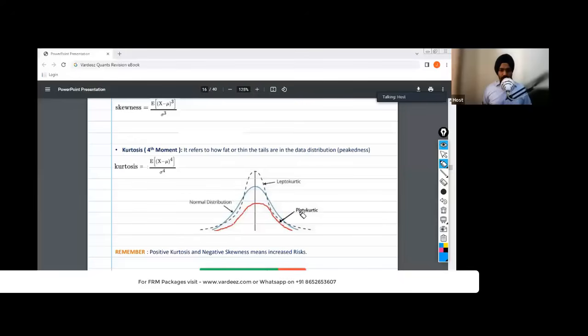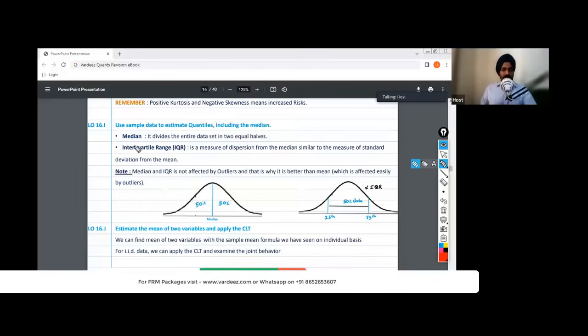So it's like a plateau kind of a thing. It's a flat thing. That's what it does. Platykurtic is not a very bad situation as compared to normal distribution. But leptokurtic is bad. Positive kurtosis or leptokurtic is bad. High kurtosis is bad. Negative skewness, it's risky.